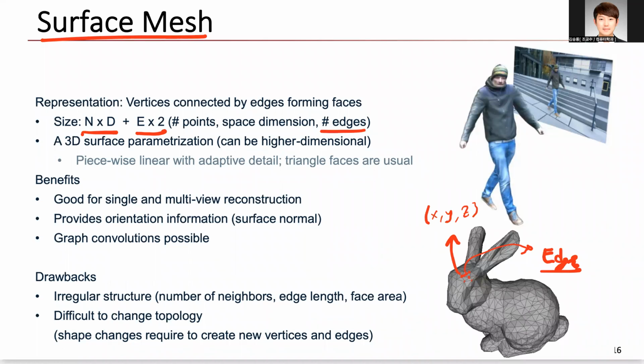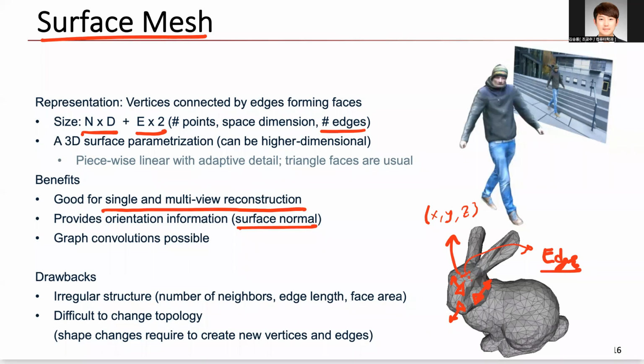The benefits of surface meshes are that they are good for single and multi-view reconstruction, and they provide orientation information. For example, as you can see here, based on the edge information, we can determine the orientation of each surface, which provides the surface normal.